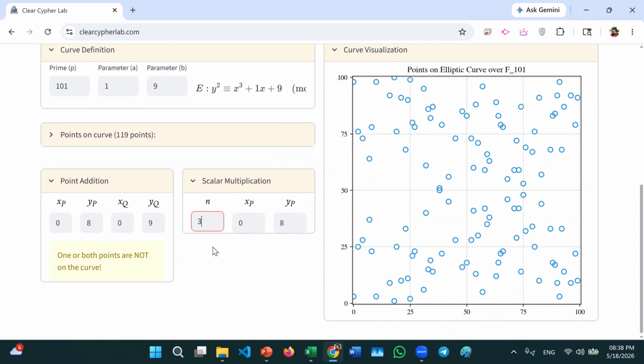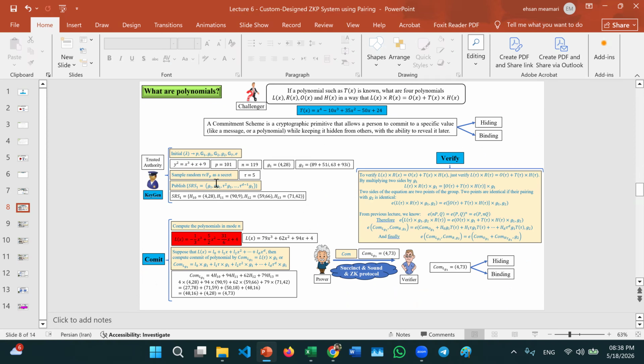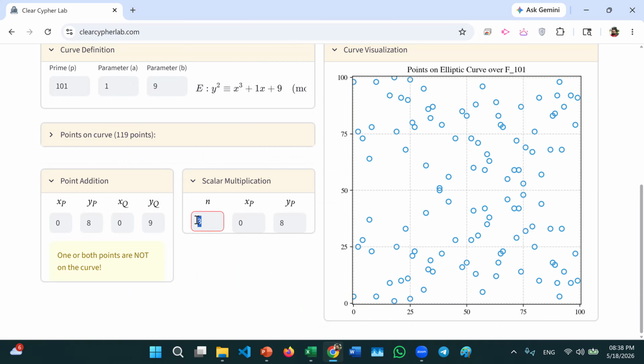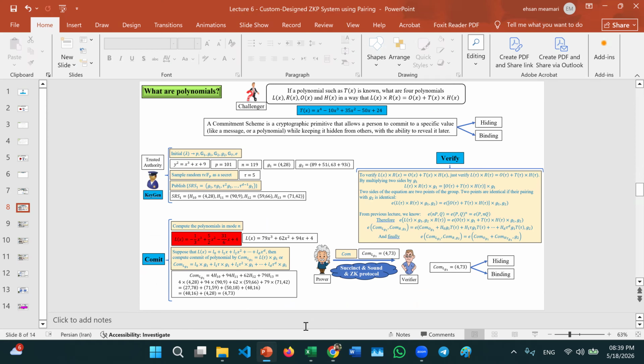Now we want to compute the scalar multiplication, right? 5 times 4 and 28 equals 19 and 9.